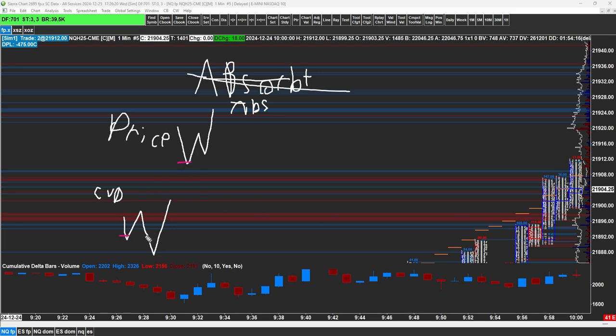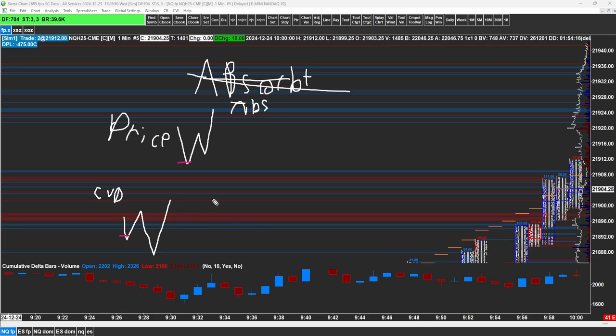Your reference point should be made less than 30 minutes prior to what you're looking at. You don't want a reference point that was made 1 hour ago. My reference points are normally like 5 minutes: a low is made, and then I see the absorption, or this would be exhaustion.